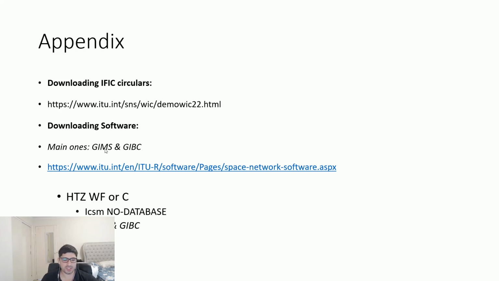You're not going to use this software directly, but our software will automatically make use of their libraries and databases. The requirements for this tutorial are HTZ Communications or HTZ Warfare, and you need to have GIMS and GIBC already installed on your computer, which is really straightforward. This is the link. You can download it from ITU and then install it. You don't have to do anything else.